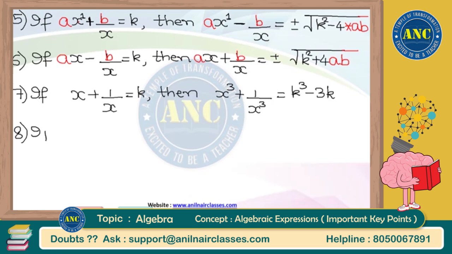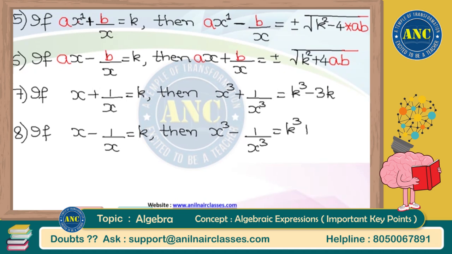Similarly, the reverse of it, if x minus 1 by x is equal to k, then also we can say that x cube minus 1 by x cube in this case will be equal to k cube minus 3k was the earlier case. Now it becomes k cube plus 3k. That's the only difference. Once again I am marking in red color with extra additions.